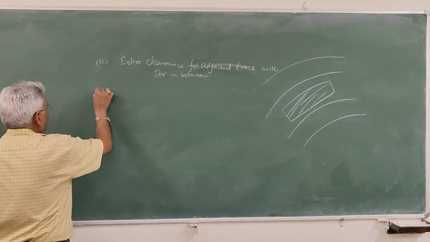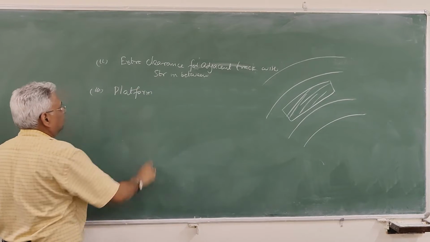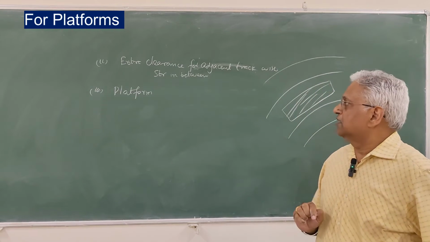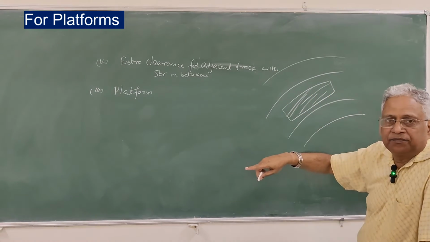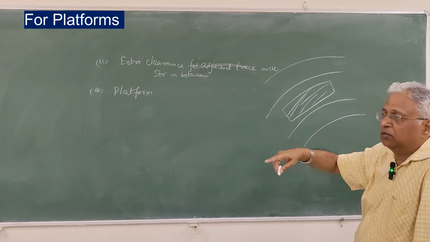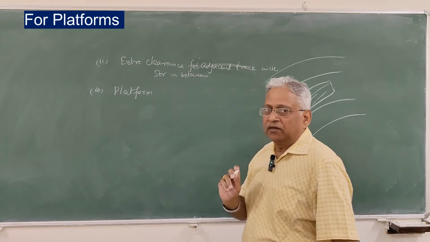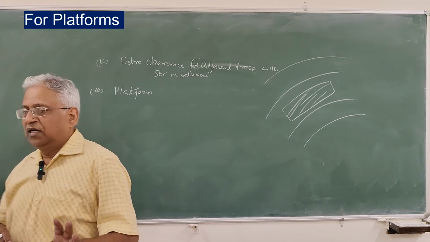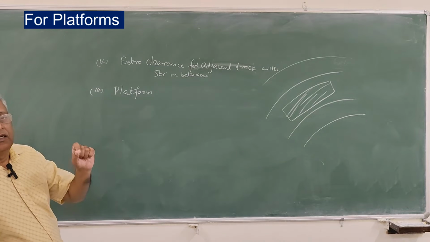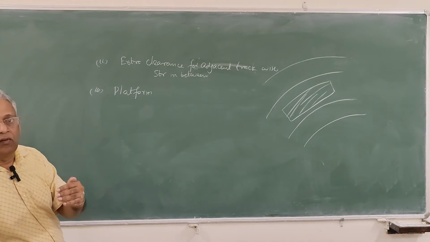Third case is platforms. When the track on the platform is also on curvature, then we consider all these cases: overthrow, end throw, lean, sway, everything. But what has been observed in the field is that if you take all these extra clearances, there will be a large gap between the footboard and the platform.